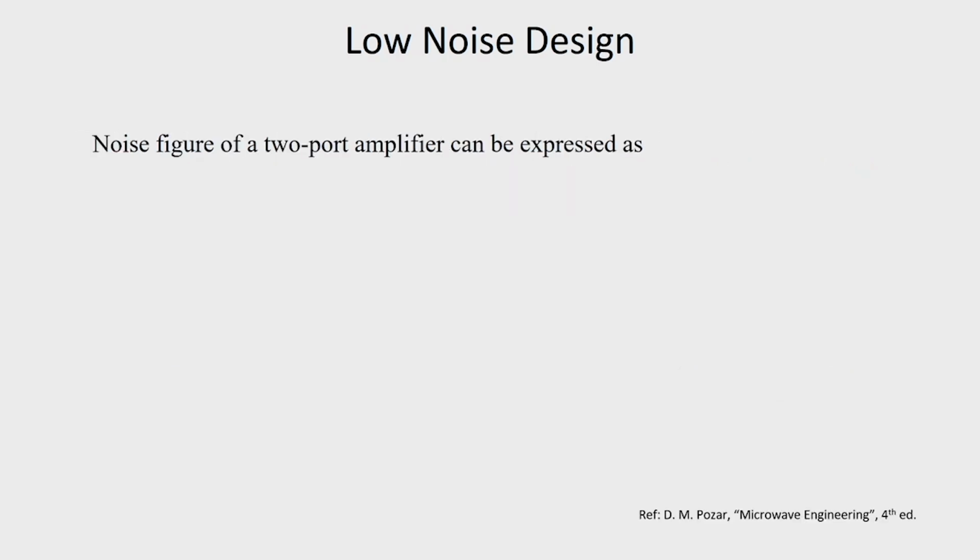The noise figure of a 2-port amplifier can be expressed as F equal to F min, the minimum noise figure, plus Rn by Gs into mod of Ys minus Yopt squared.